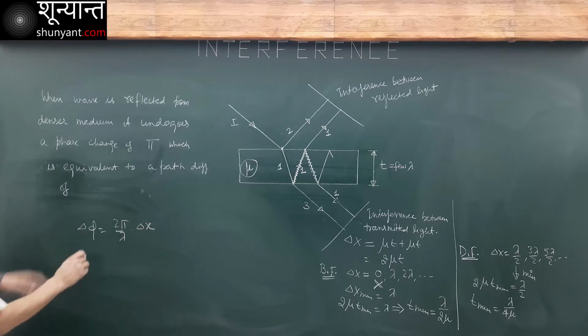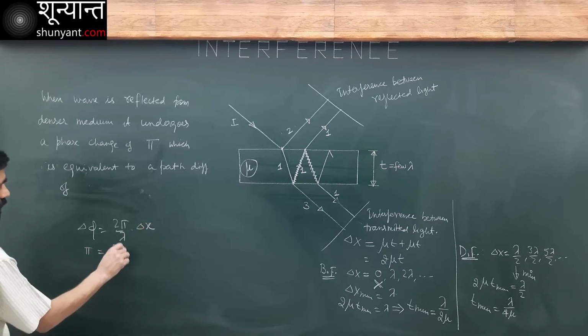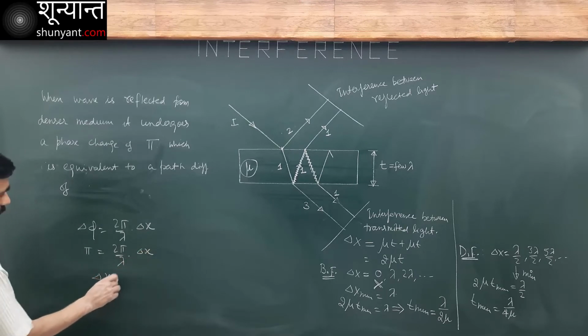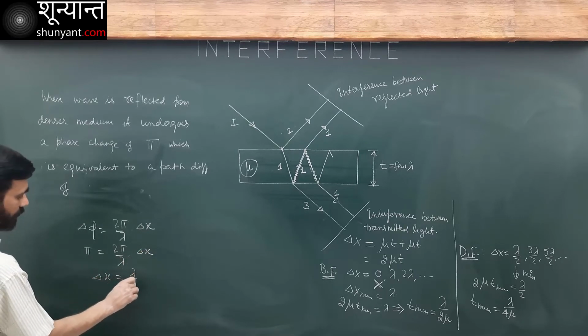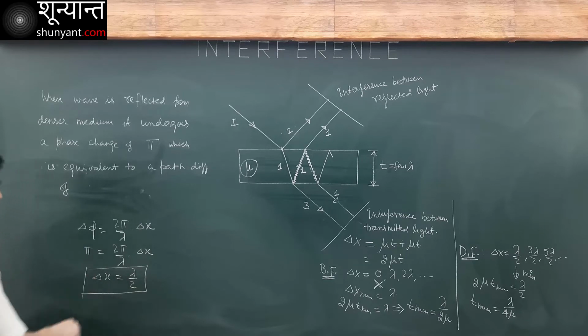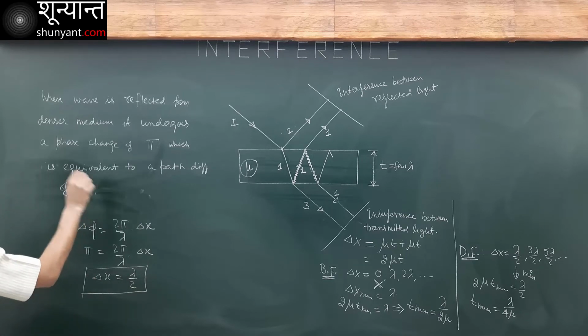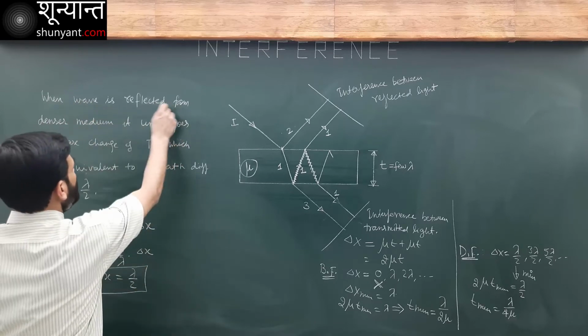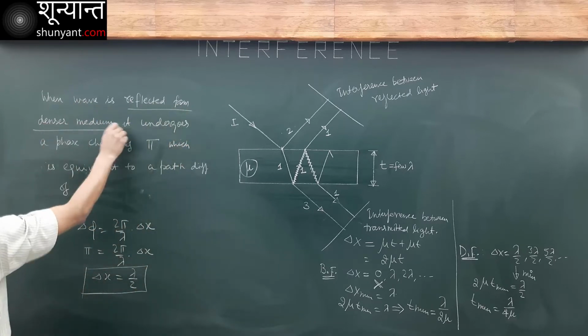So pi is equal to 2 pi over lambda into delta x. Delta x will be equal to lambda over 2, when the wave is reflected from a denser medium.